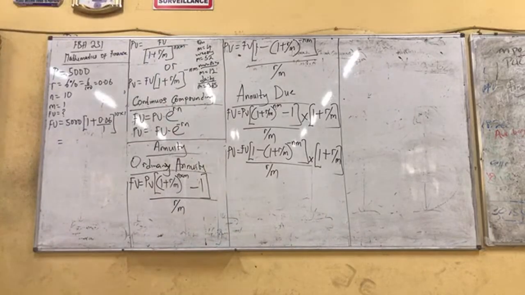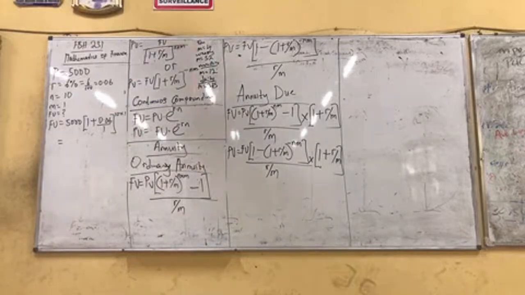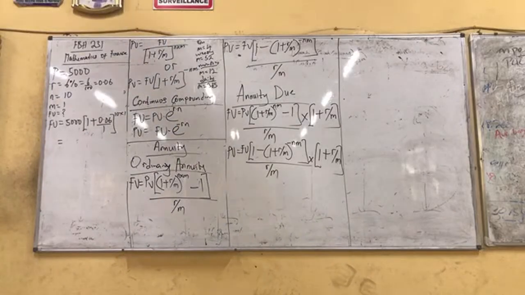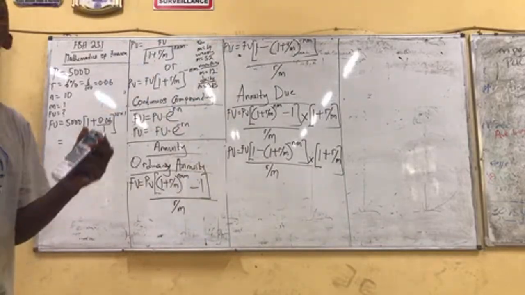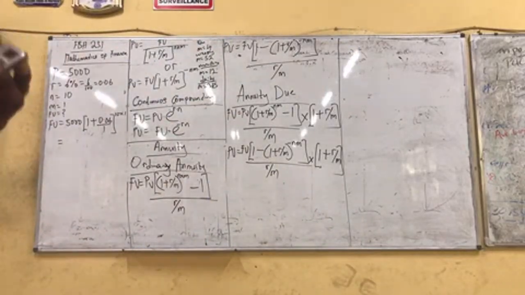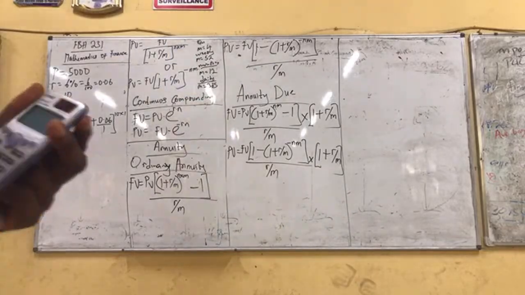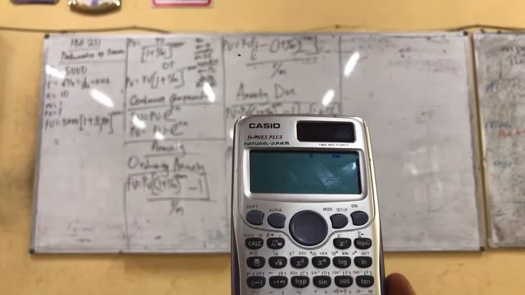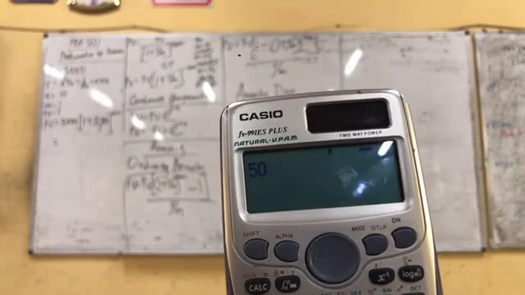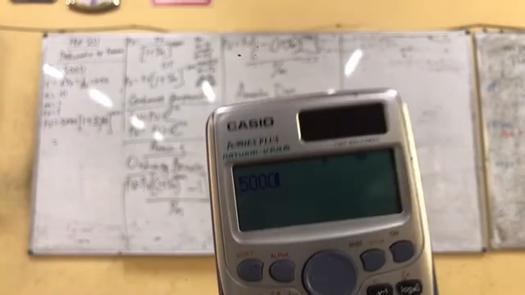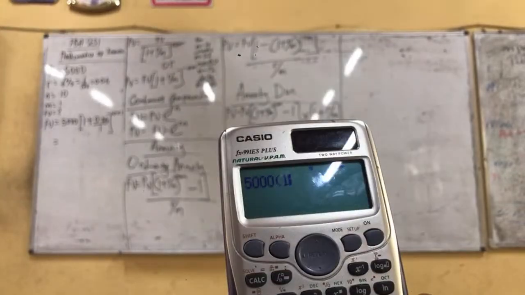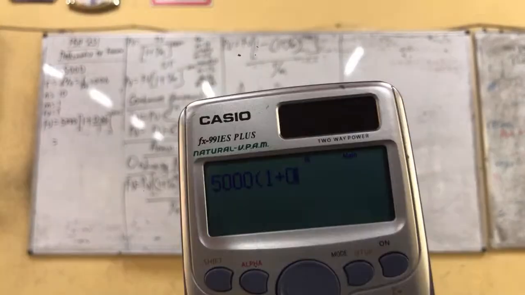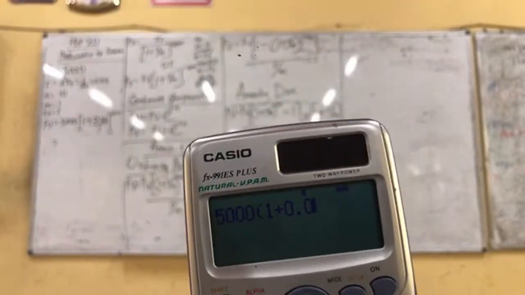Alright, so you calculate this. You can use this in your calculator directly, especially for those that are doing CBT. For those online, have a look at this. So this is 5,000 naira, then you open your bracket 1 plus 0.06.